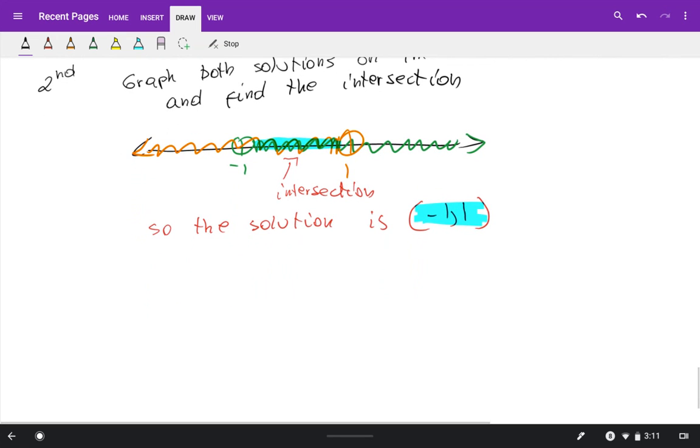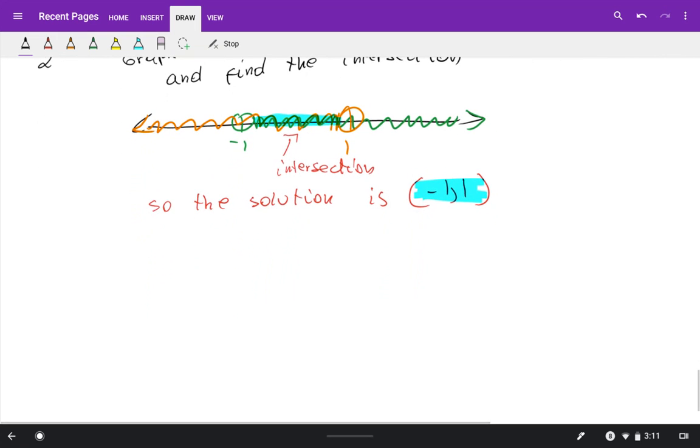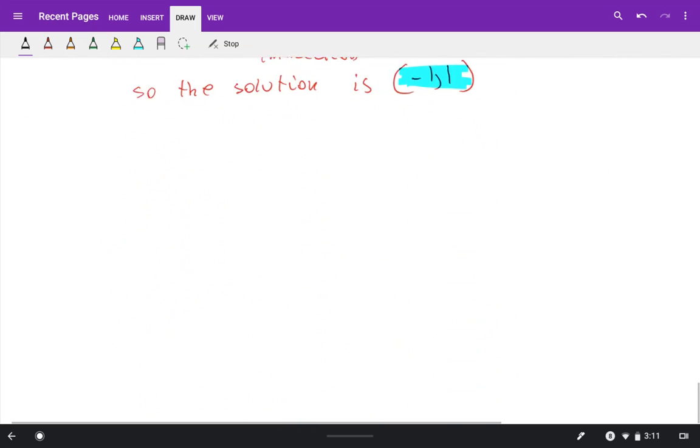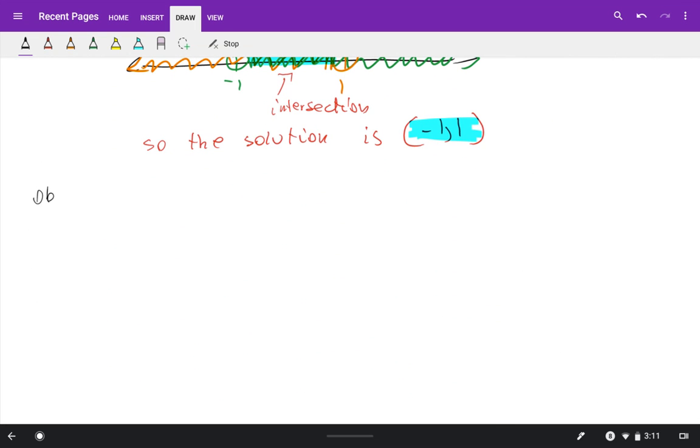Next, I want to talk about how to use the reciprocal property. So that will be objective number 4: using the reciprocal property to solve inequality.